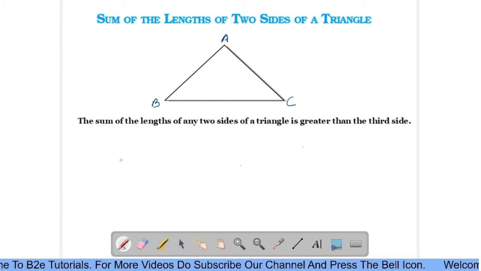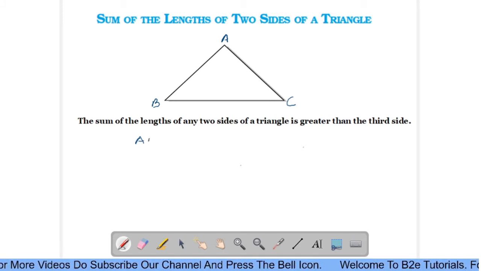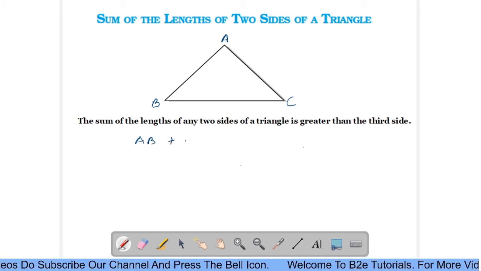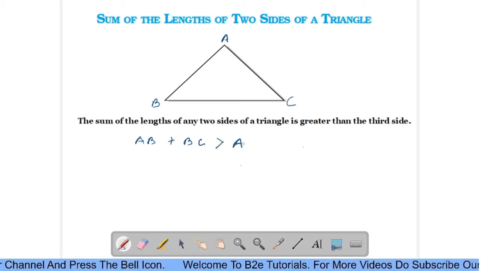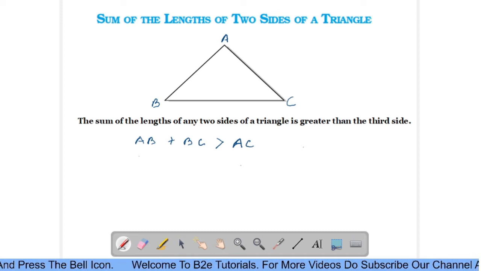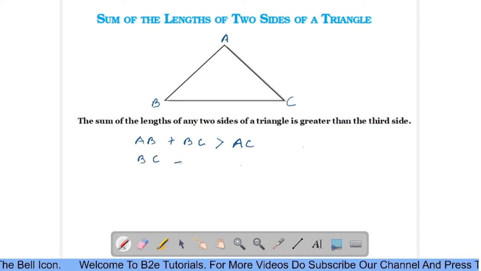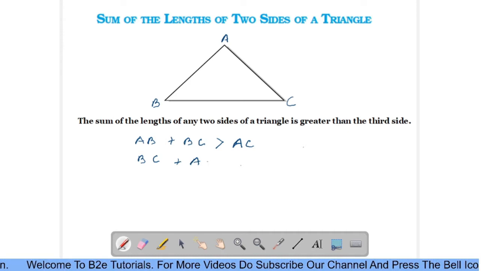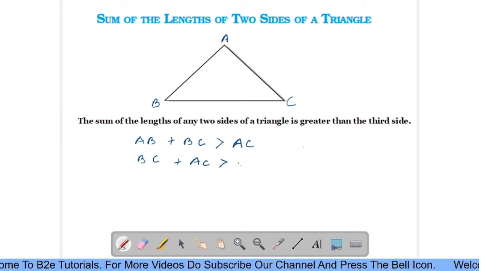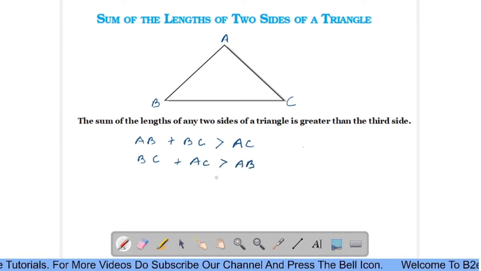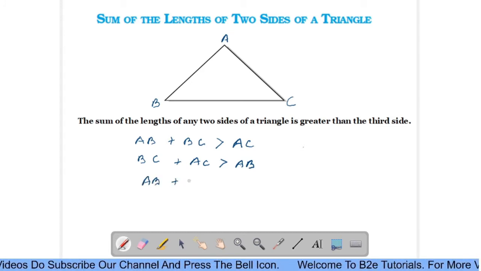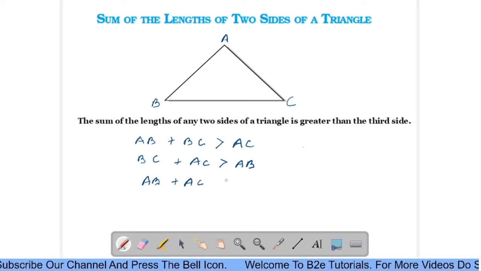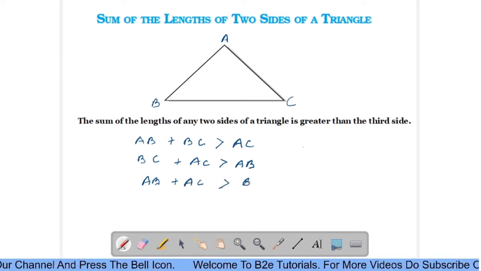In this, the sum of any two sides, that is AB plus BC, must be greater than AC, or BC plus AC must be greater than AB, or AB plus AC must be greater than BC.